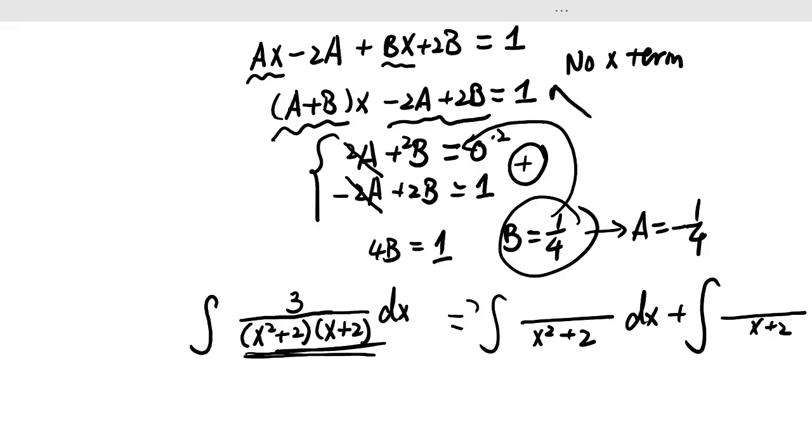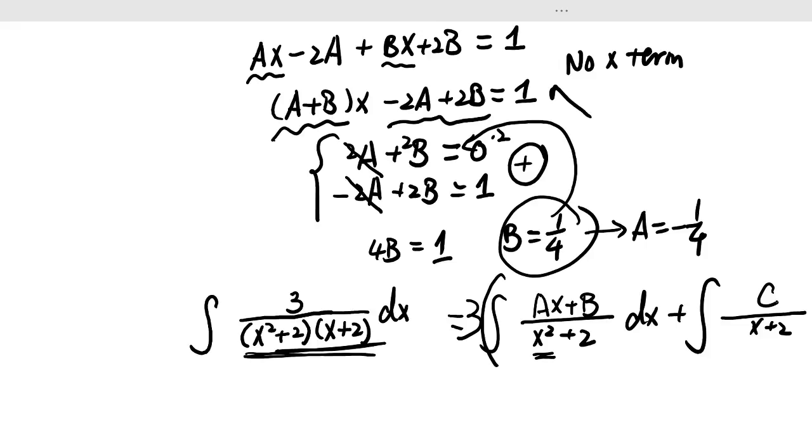So I'm gonna put the 3 in front. Now we have to assign the numerator. So the first one, since this is x squared plus 2, we have to give ax plus b. The next one will be c.